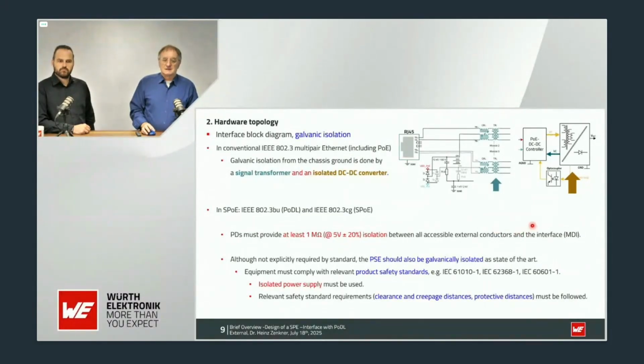The PSE is not mentioned there, but it should be galvanically isolated as state of the art, because in the end you have to follow the product safety standards. This is why the PD and the PSE should be galvanically isolated.